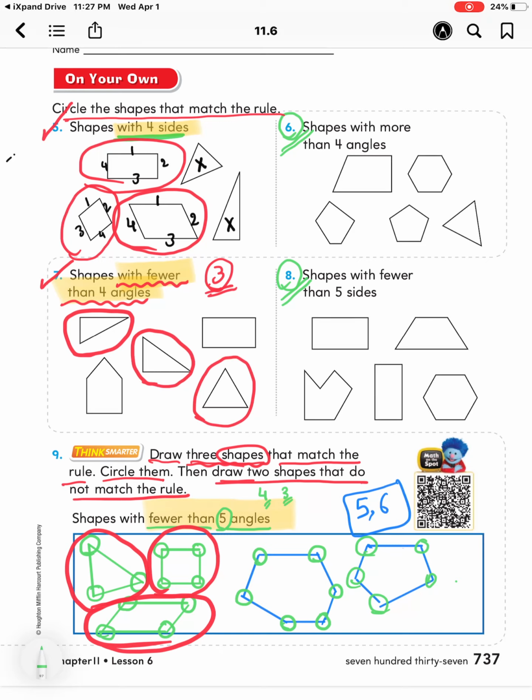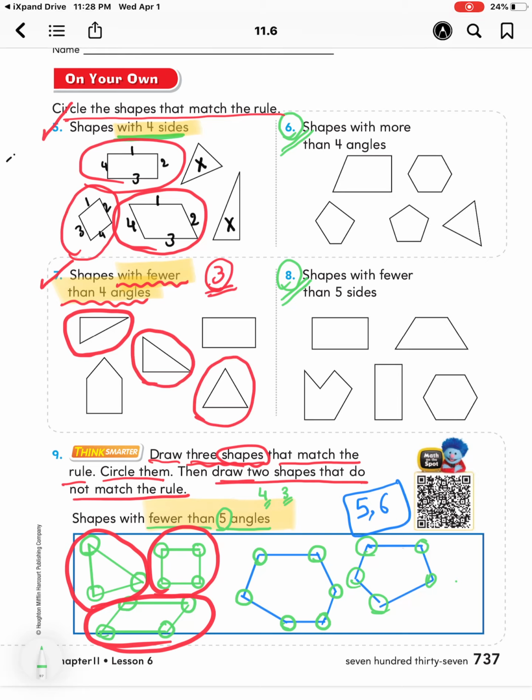Now look again at the shapes, look again at the rule, and see shapes with fewer than 5 angles. So we drew shapes like a triangle, a rhombus, a square, or we can say a triangle and any quadrilateral. They will match the rule. Pentagon and hexagon, they will not match the rule.